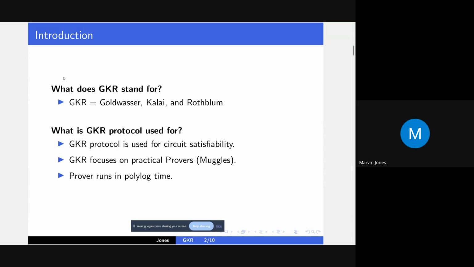But what's it used for? Why would we care about it? Well, it's for circuit satisfiability. So just like Sonic, Plonk, Halo, all of these protocols are showing that a circuit is satisfied by its inputs. That's all it is: do the inputs satisfy the circuit with the outputs?